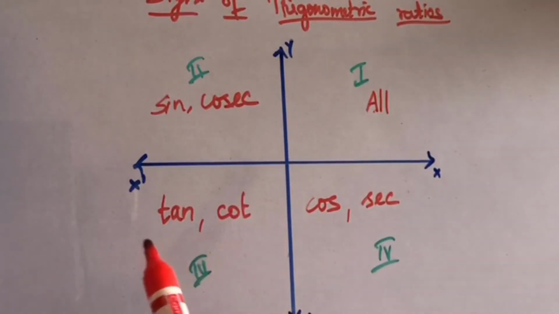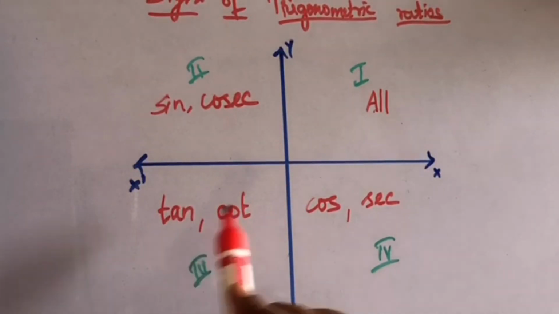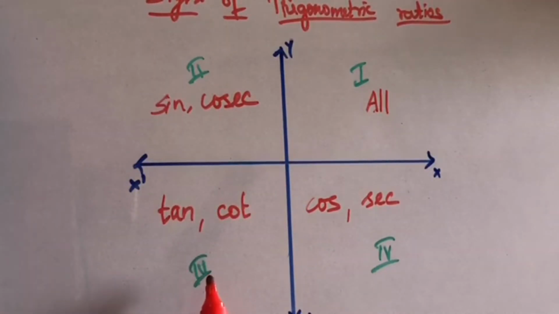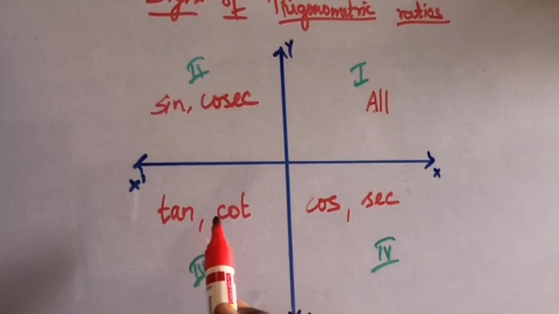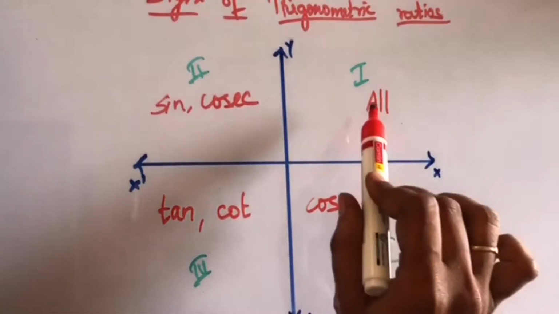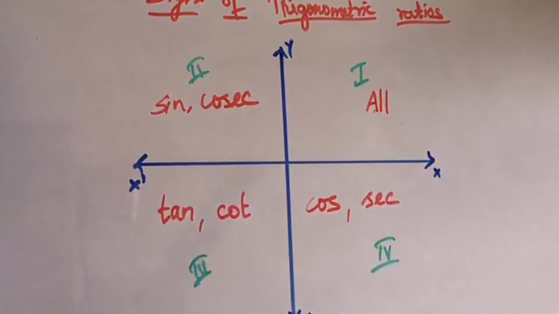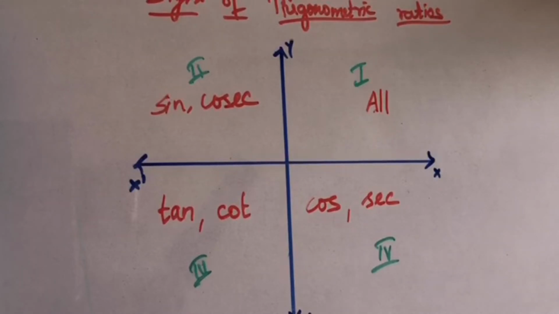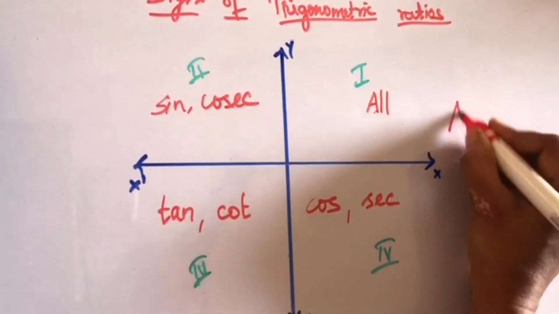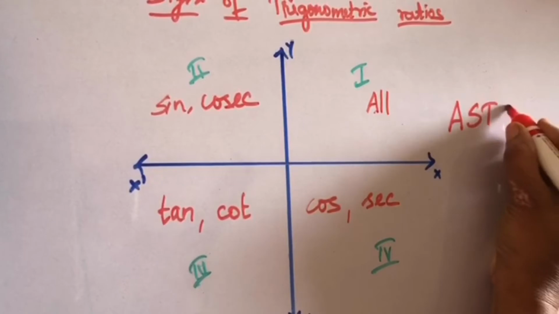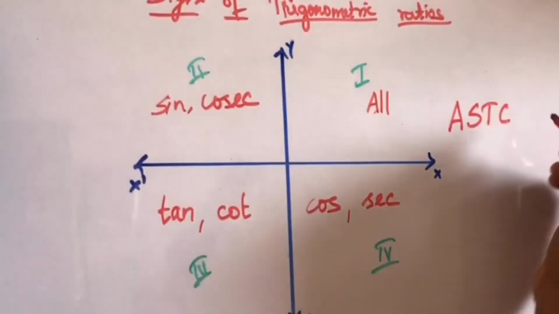Similarly, tan and cot are positive in the third quadrant, so the other 4 trigonometric ratios are negative here. Only in the first quadrant are all trigonometric ratios positive. To remember this, we call it the ASTC rule.